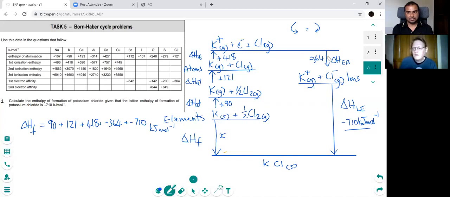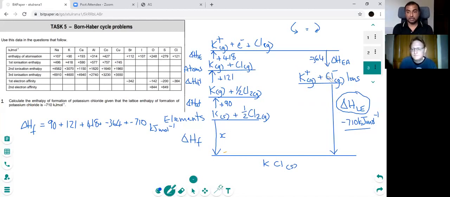The one we can't get by experiment here is the lattice enthalpy. You're not going to easily turn gaseous ions into an ionic compound by experiment. So this is really what the Born-Haber cycle is used to find, because it's the one we can't find via experiment.